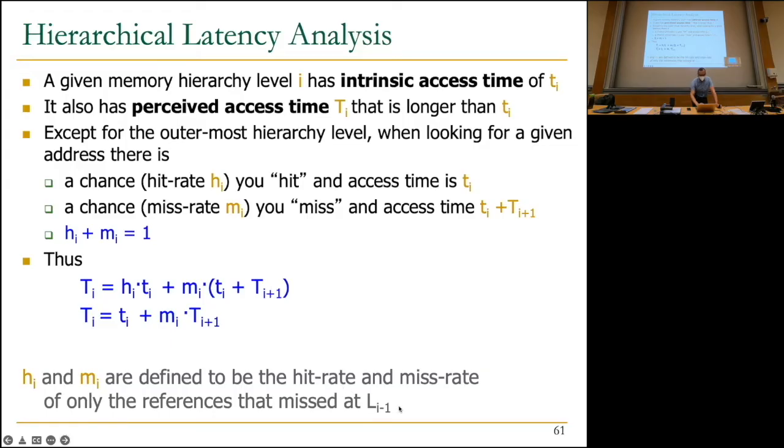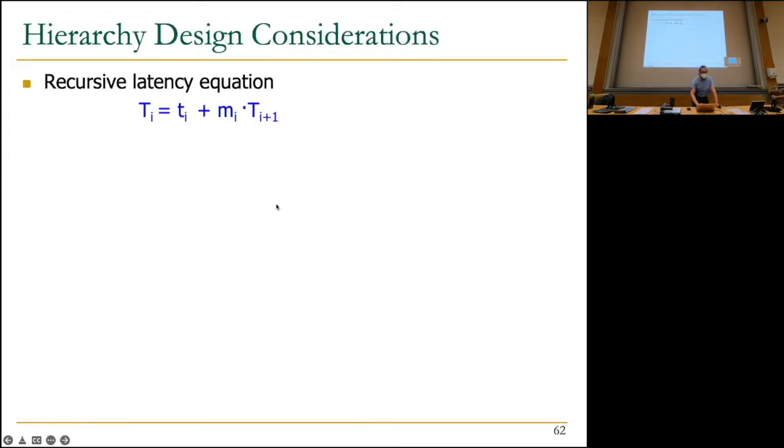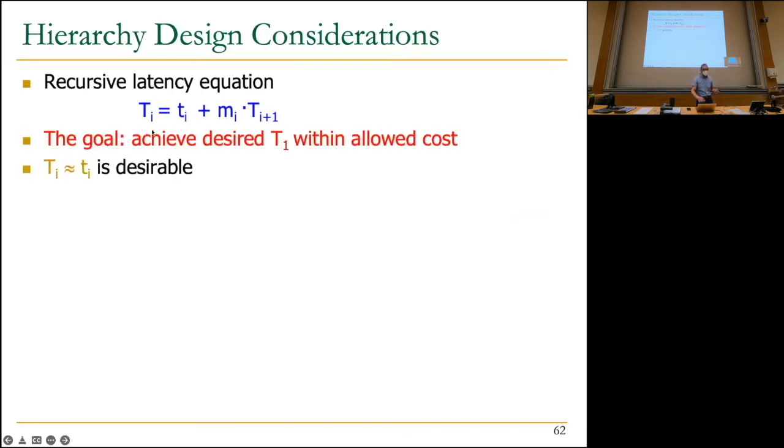Okay, so you can think about this a little bit. Let's take a look at what this means, basically. If the goal is to achieve a desired perceived latency within some allowed cost, ideally, you would like to make the perceived access latency of the first level, especially, equal to the intrinsic access latency of that level. That means that sometimes you're going to miss, but those misses are not going to be changing your overall latency that much, right?